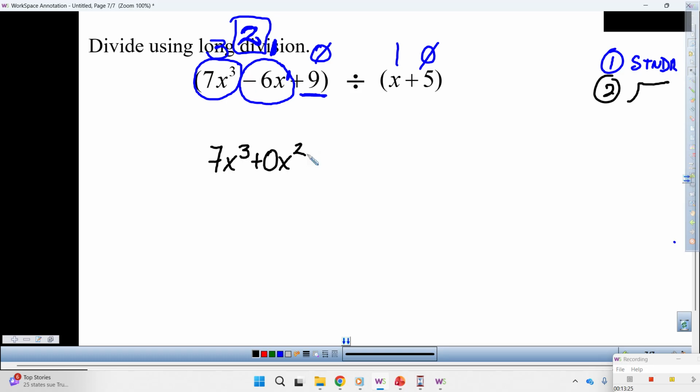Write it there, please. Plus 0x squared. That's our second degree. What's next? Minus 6x. And what's next? Plus 9. Divided by our divisor. It was in standard form, so we just write x plus 5.